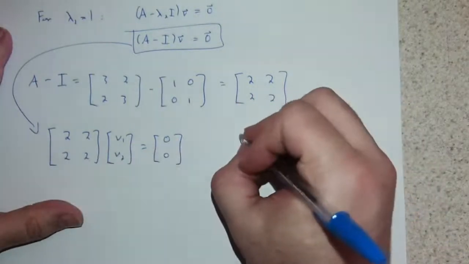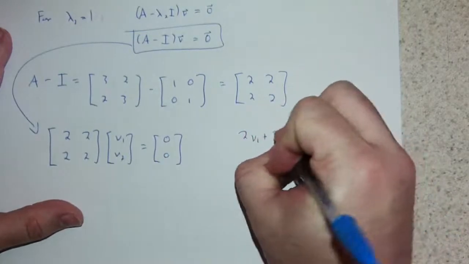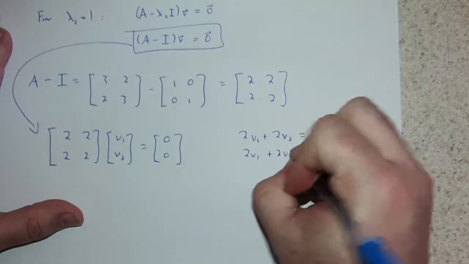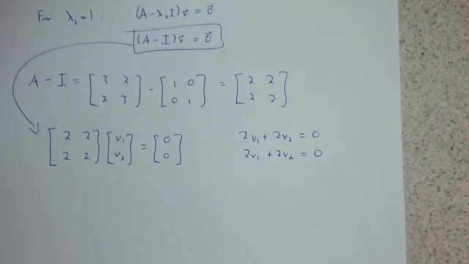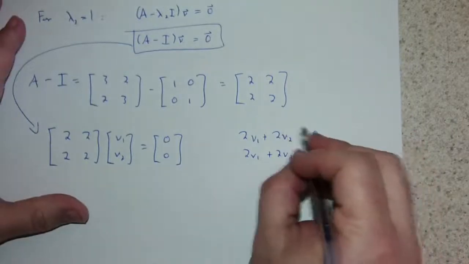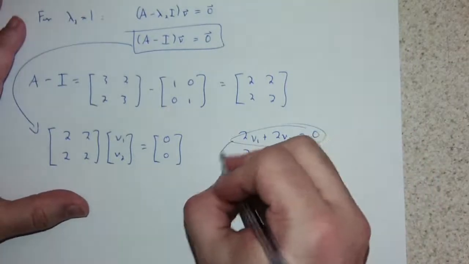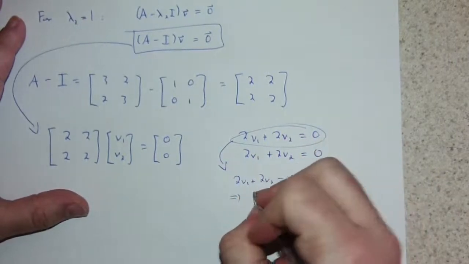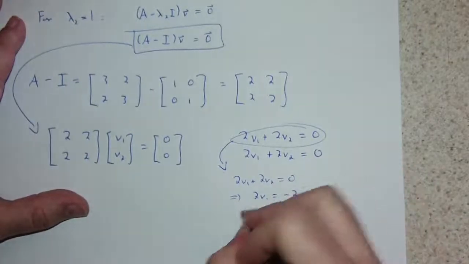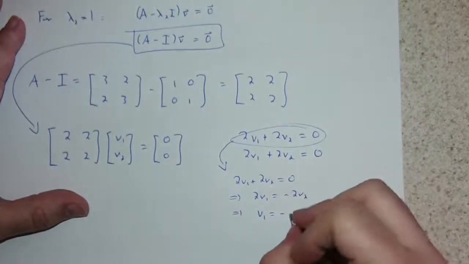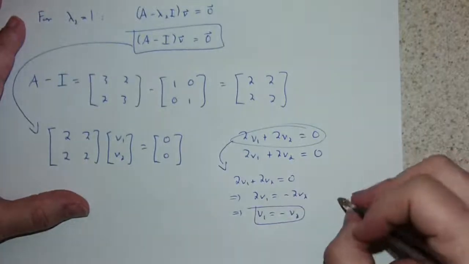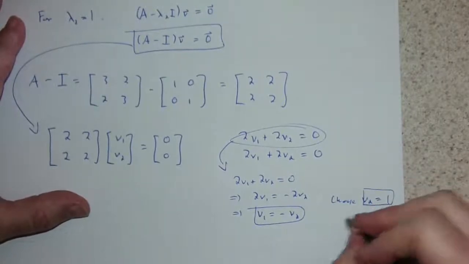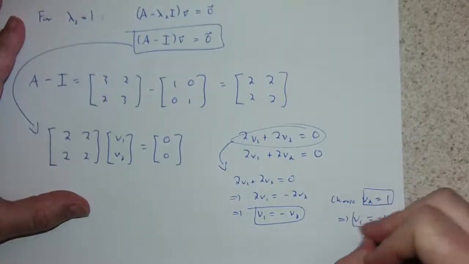So writing this system, it contains, again, two equations that are exactly the same. In this case, they are literally the same equation. So let's take the first one here. What does this mean? 2v1 plus 2v2 equals 0. This means that 2v1 is equal to minus 2v2, or that v1 is equal to minus v2. So if I choose v2 to be 1 here, again, then this implies that v1 is equal to minus 1.